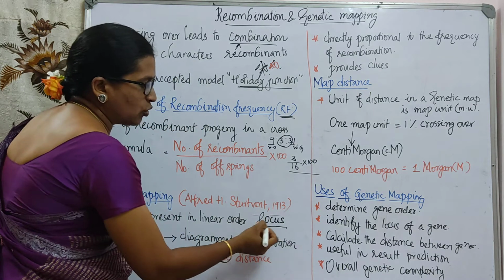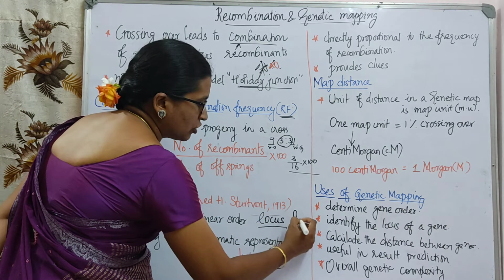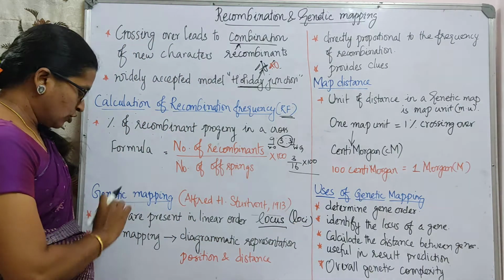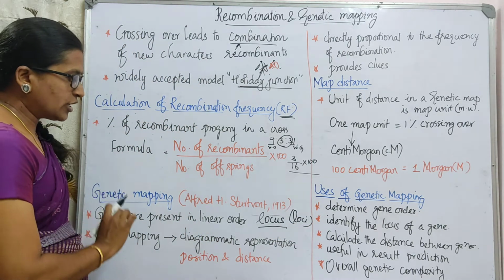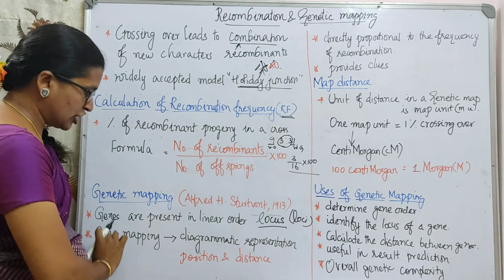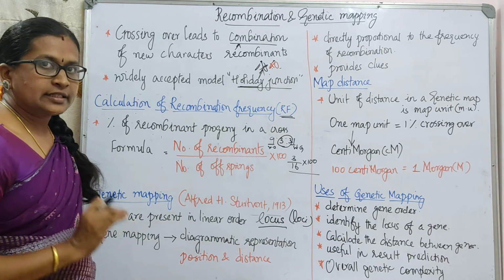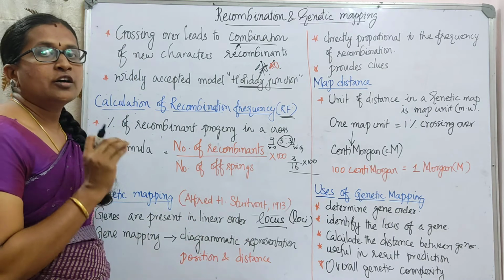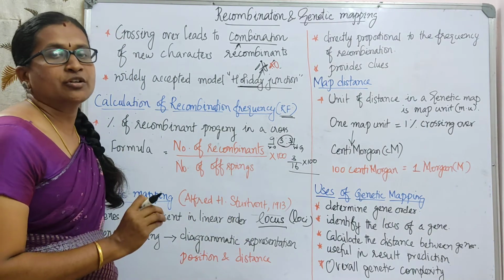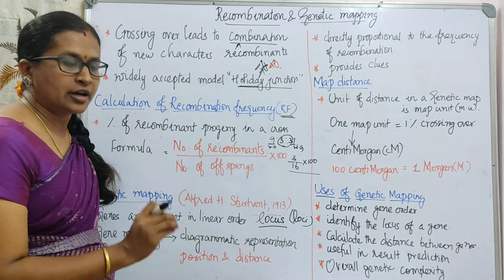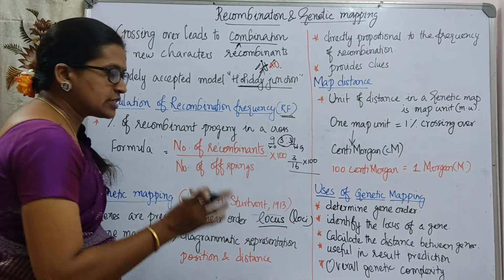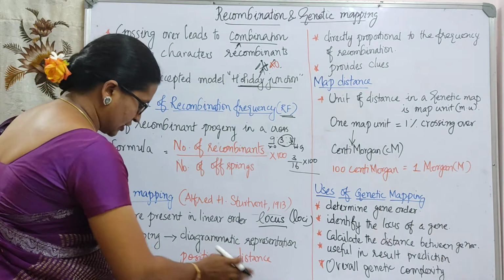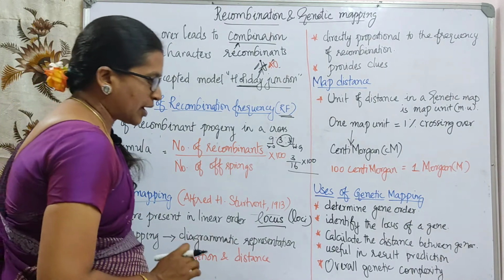Locus is singular; if you say loci, it is plural. Next, what is gene mapping? It is a diagrammatic representation of the position of a gene, and the distance between particular genes is calculated using this gene mapping.